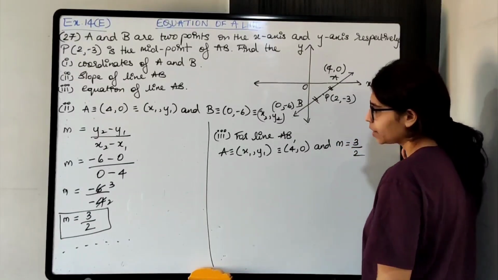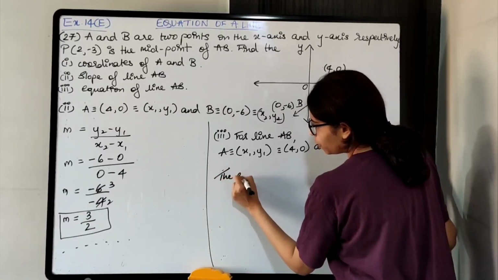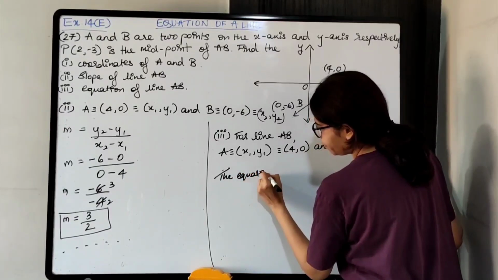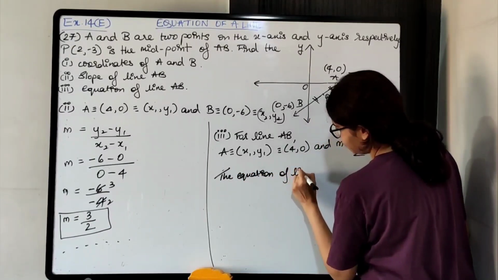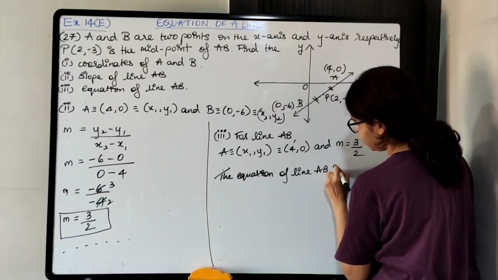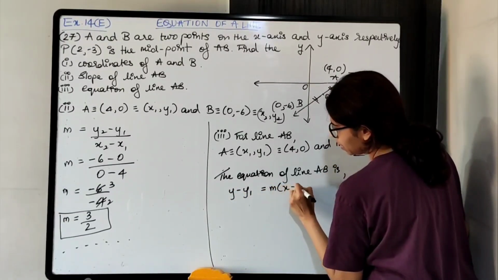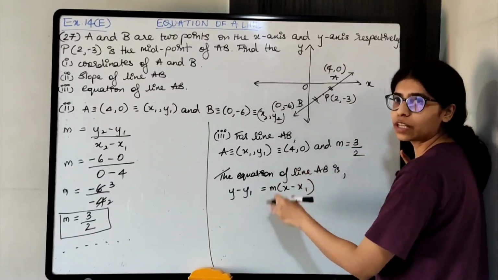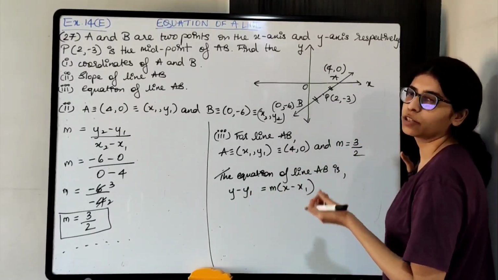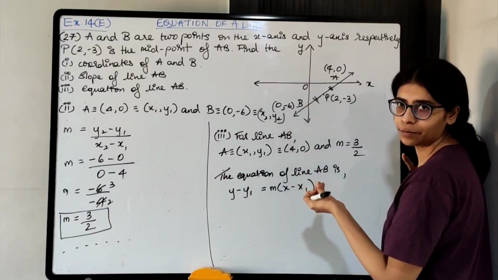Okay. What is the formula for equation of the line? y minus y1 equals to m into x minus x1. I'm using this. You can use y equals to mx plus c also, because यहाँ पे y intercept भी पता है. Okay.